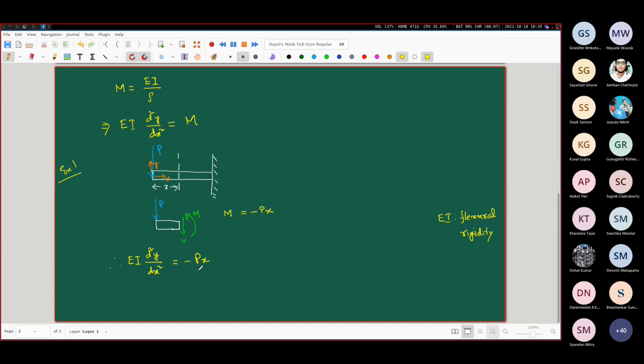Now, if you do that, how many constants of integration are you going to end up with? 2, sir. You're going to end up with two constants of integration. Very good. So let's actually do that. Okay, first integration. So integration with respect to X. We have one constant. This C1 is the unknown constant of integration.